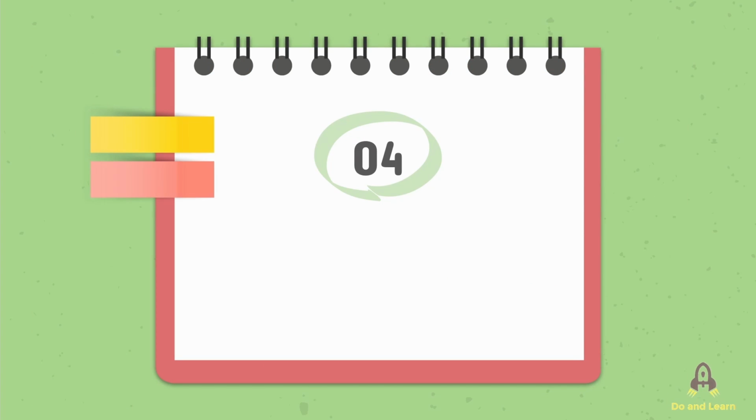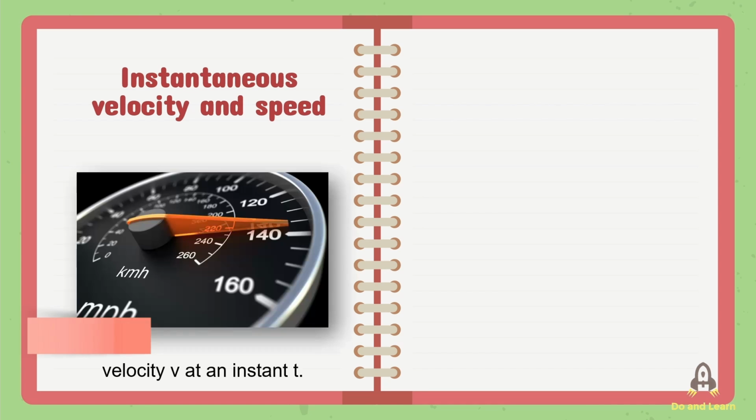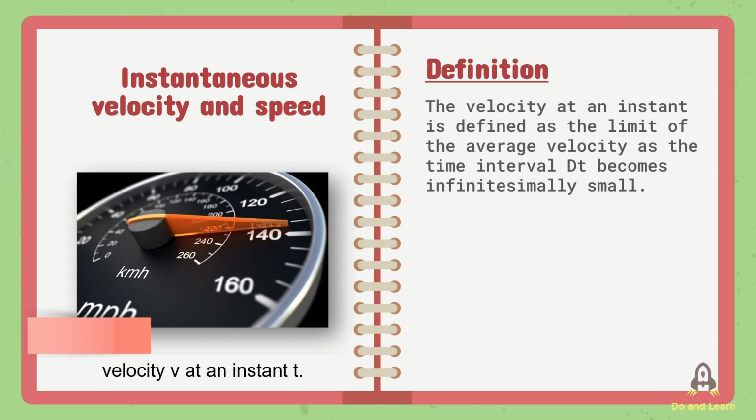Let us continue. Another topic, instantaneous velocity and speed. What is instantaneous velocity? Instantaneous velocity, symbol v, at an instant t. The velocity at an instant is defined as the limit of the average velocity as the time interval dt becomes infinitesimally small.